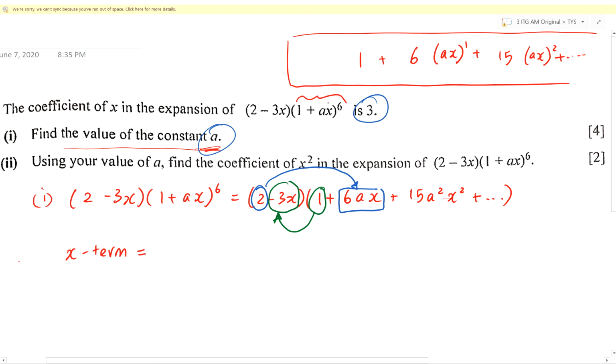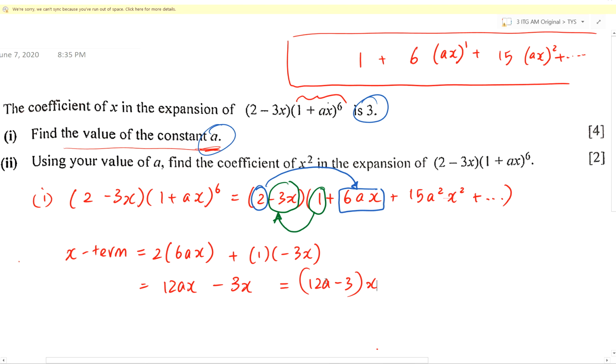As long as it is acceptable, we will give you the mark. So the x term will be 2 times 6ax plus 1 times negative 3x. So we have 12ax minus 3x. Simplify this to become 12a minus 3 multiplied by x.